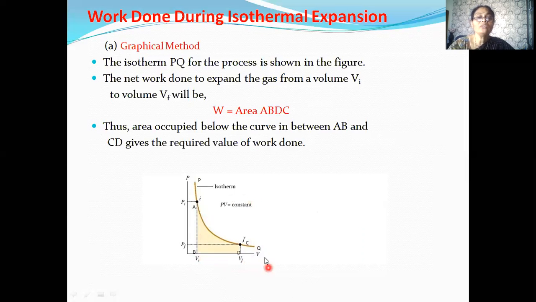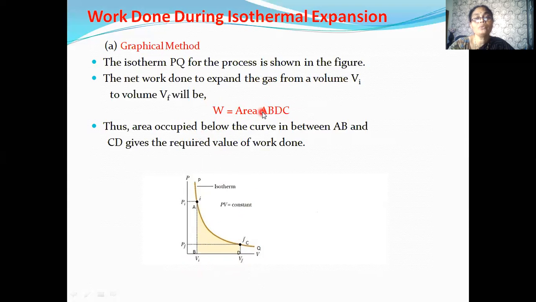Now, let's calculate the work done in this process by the graphical method. We know that the area under this isotherm is equal to the work done. So what is the area here? A, B, D, C. So area ABDC is equal to the work done, that is W, when the gas is expanding from a volume VI to a volume VF.